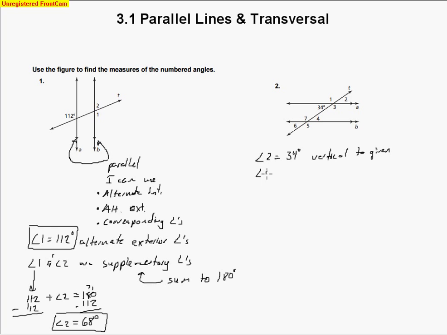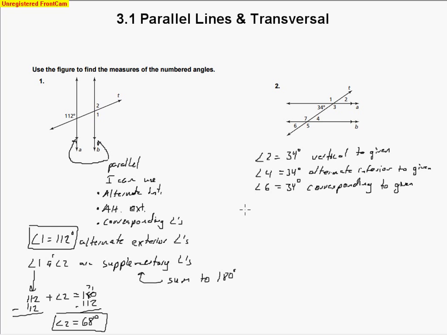Angle 4 is also 34 degrees because it is alternate interior to given. And I could say angle 6 is equal to 34 degrees because it is corresponding to the given angle.